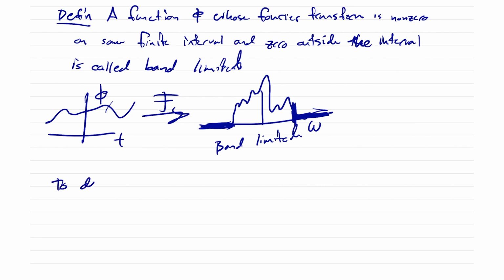So to design a low-pass filter, to replace, say, the absolute value of s, we're going to follow the book and introduce a function like this.